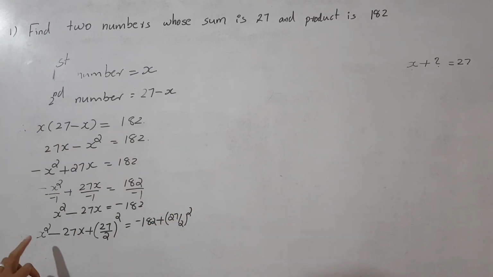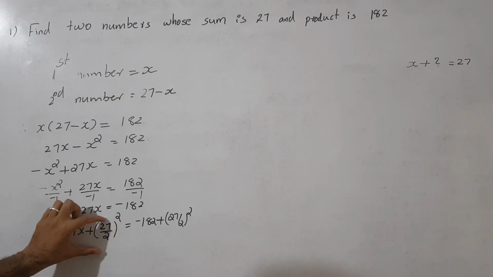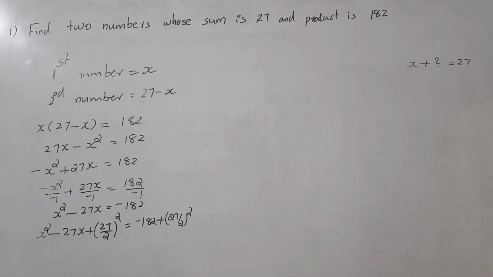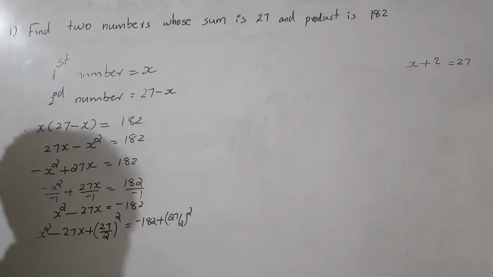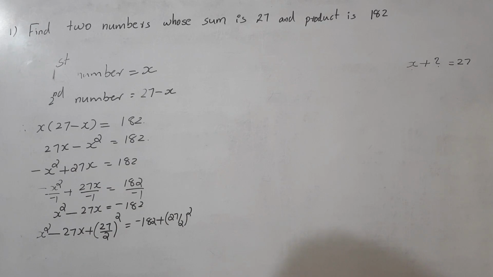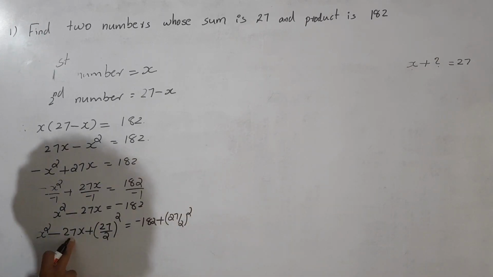Then this one is in the form of a square minus 2ab plus b square. Instead of b we use 27 by 2. Okay, then what is next? So we convert this into the form of a minus b whole square. Why? Because the sign of the second term is minus.